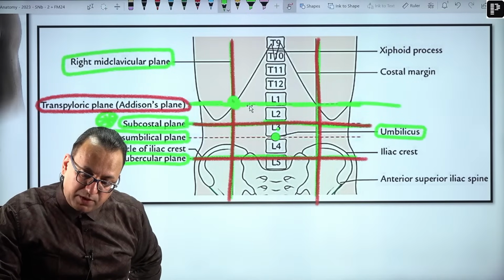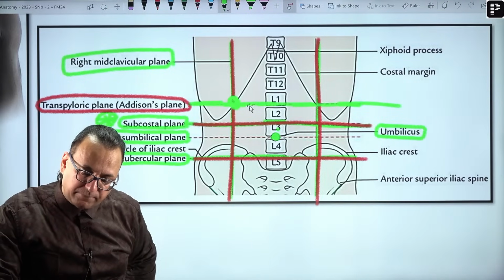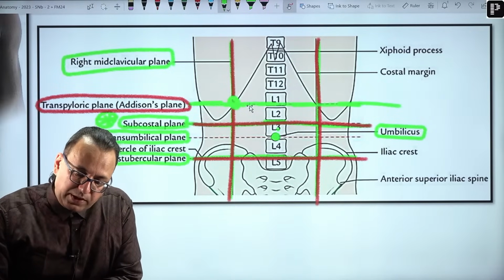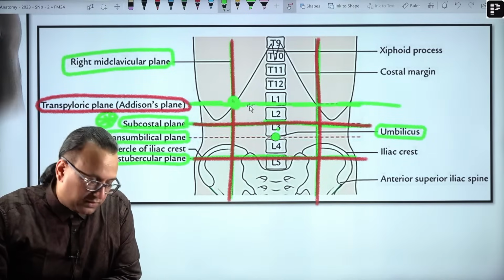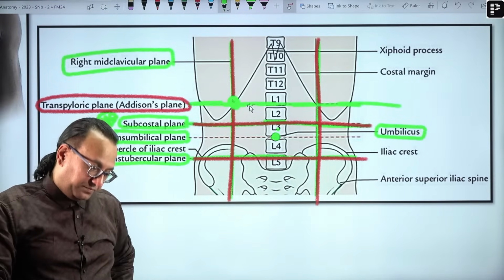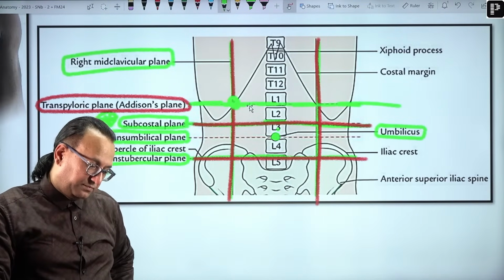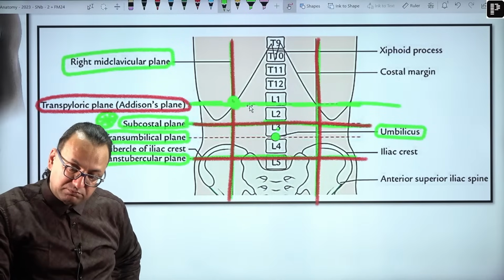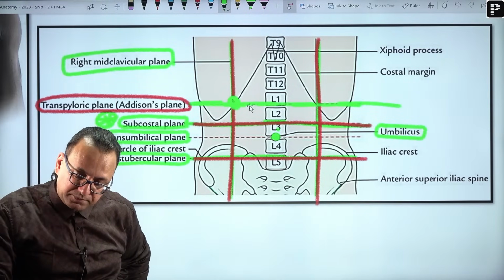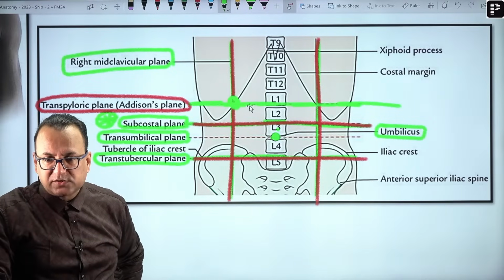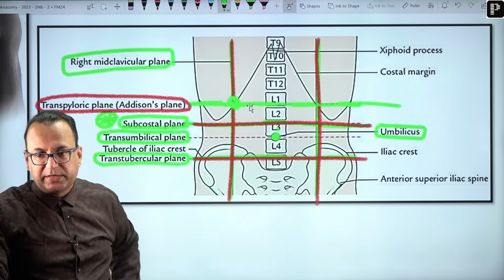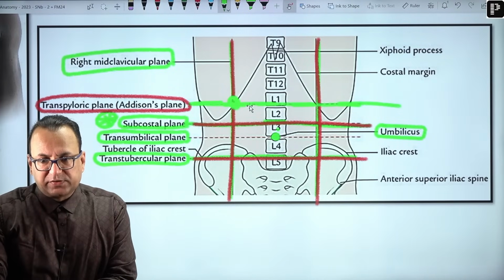They gave a line midway between umbilicus and xiphisternum, asked its vertebral level. Okay, xiphisternum, and then it should be transpyloric. If that is the story, a line midway between umbilicus and the xiphisternum, then it must be transpyloric.